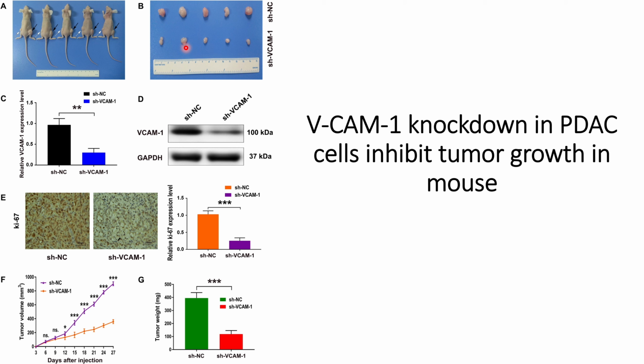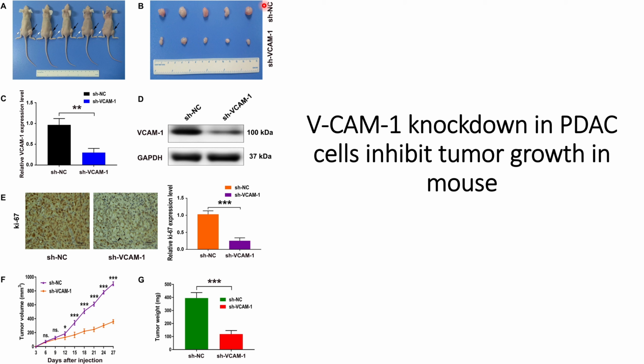where it is clear that the tumor volume is lower in the case where the VCAM-1 gene is silenced in the pancreatic cancer cells, compared to the case where the VCAM-1 gene is normally expressed in the pancreatic cancer cells.